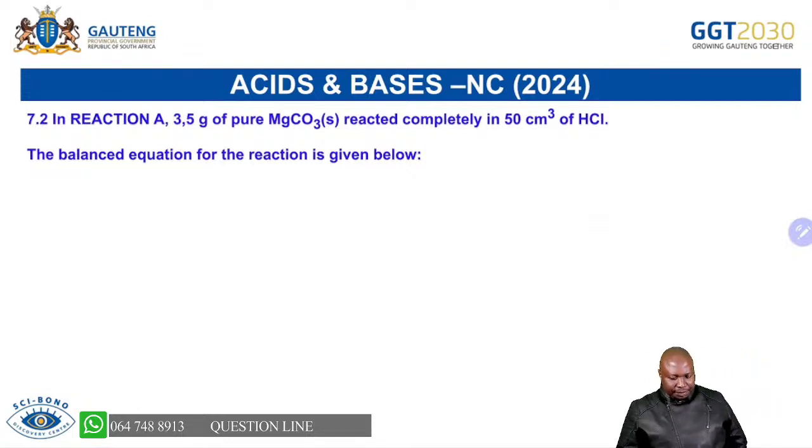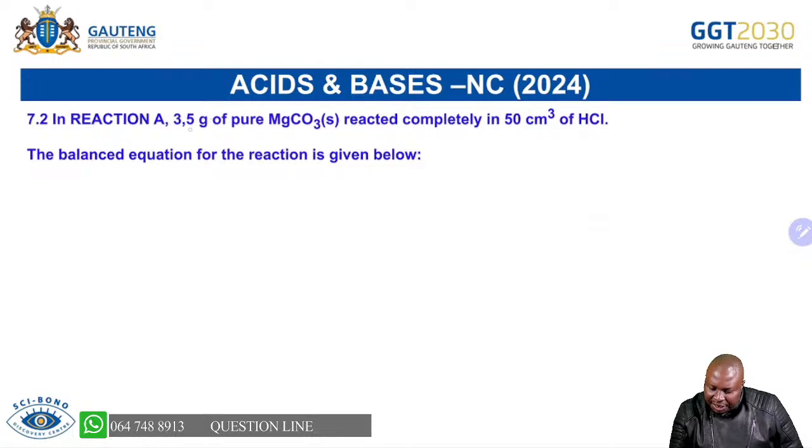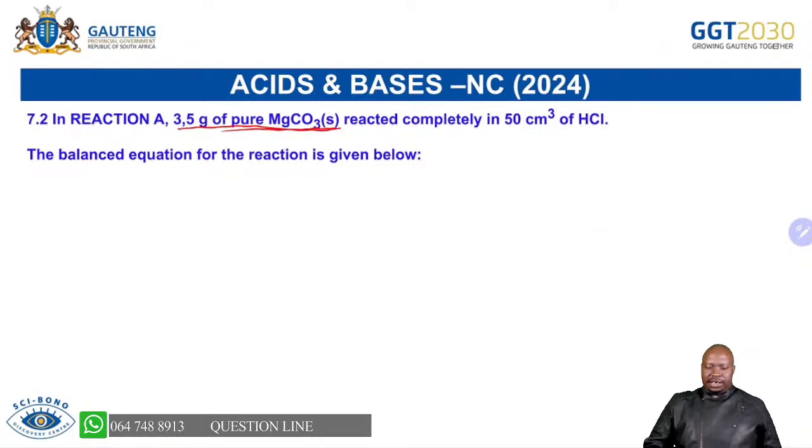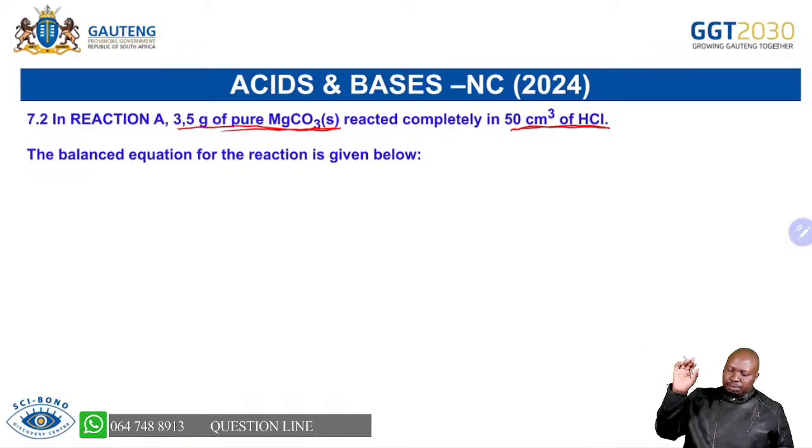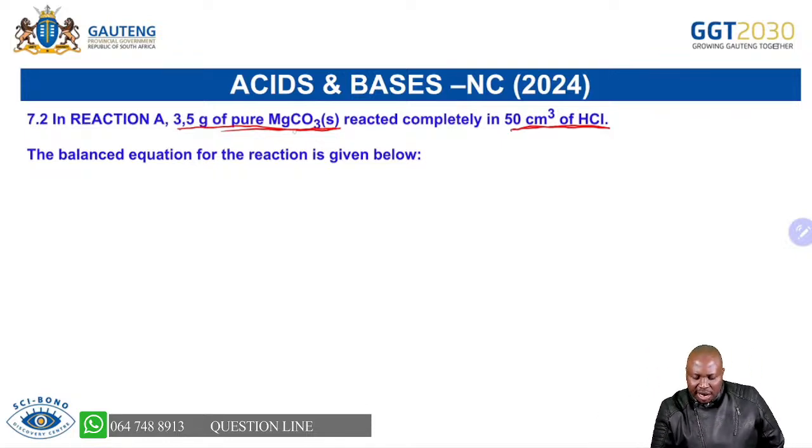In reaction A, 3.5 grams of pure magnesium carbonate reacted completely in 50 cubic centimeter of HCl. Given information, very much important. So we're having our base here, which is a weak base.